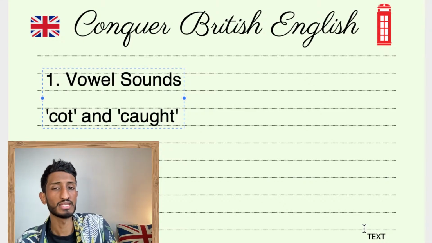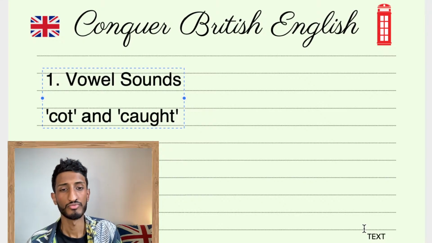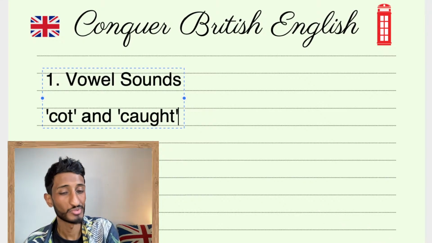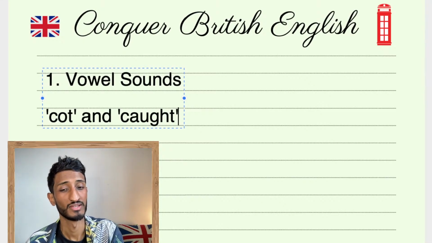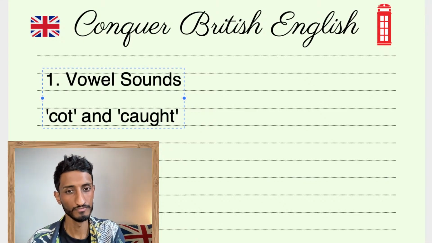So speakers with the Indian accent, when you're saying these two words, they might sound very similar, but in the British accent, they're different. So just spend a few moments now saying these two words out loud. How would you say them?